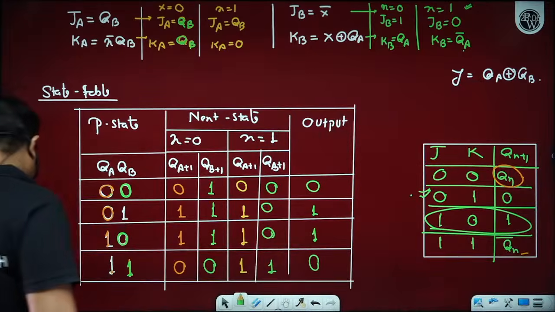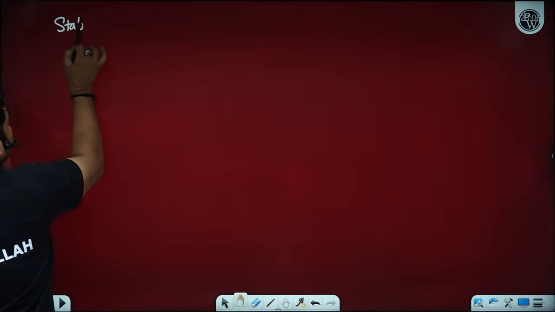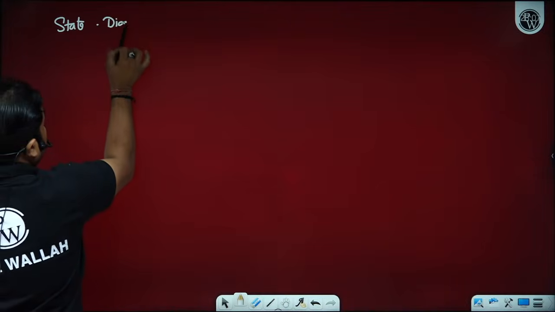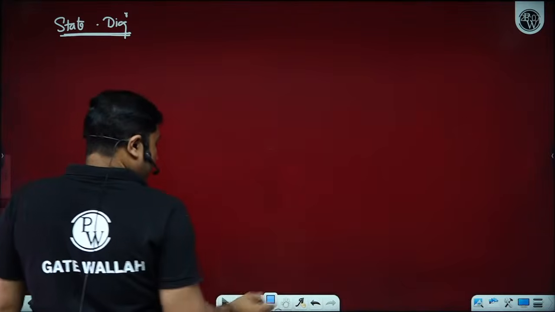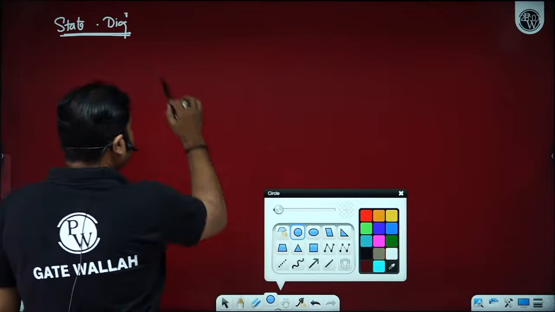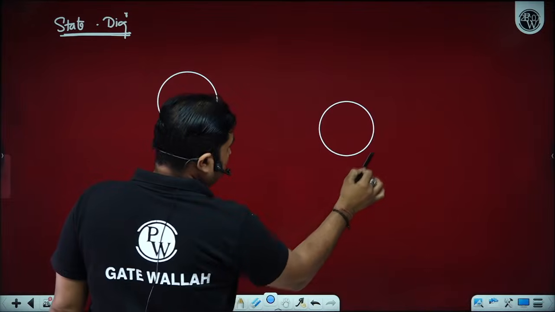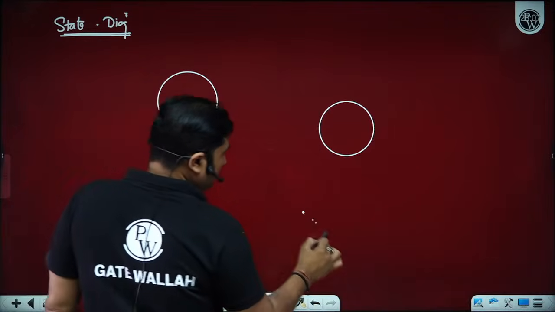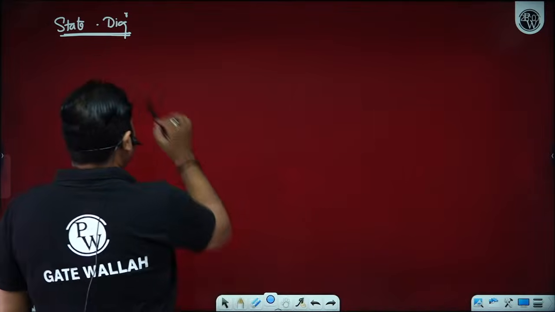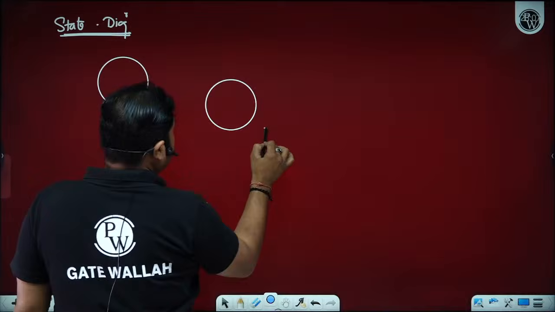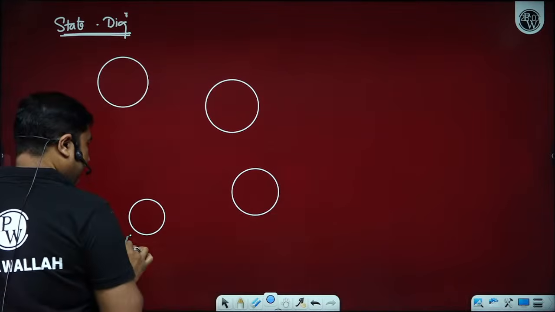So next is your state diagram. Now please observe the Moore state diagram. If we talk about the Moore state diagram, we have 0 0, 0 1, 1 0 and 1 1.